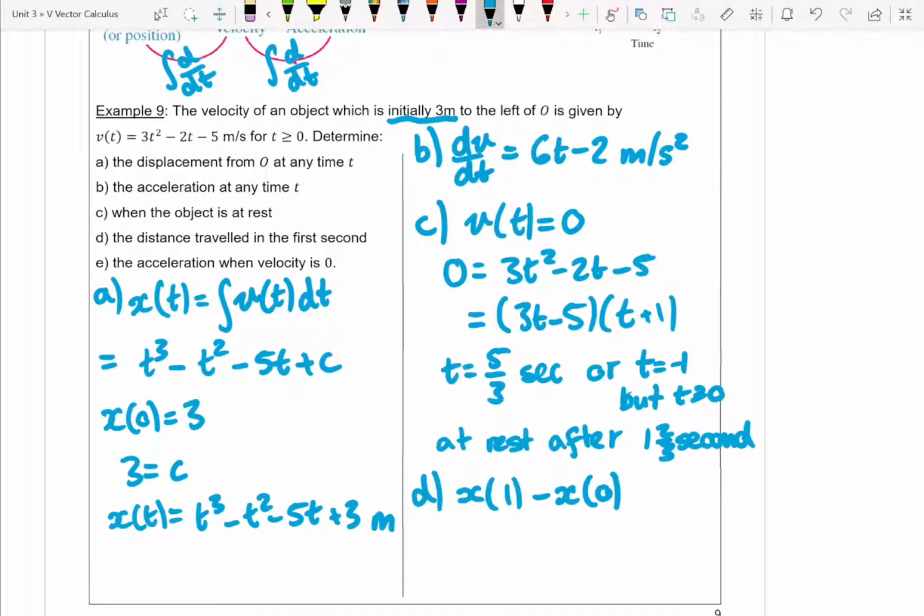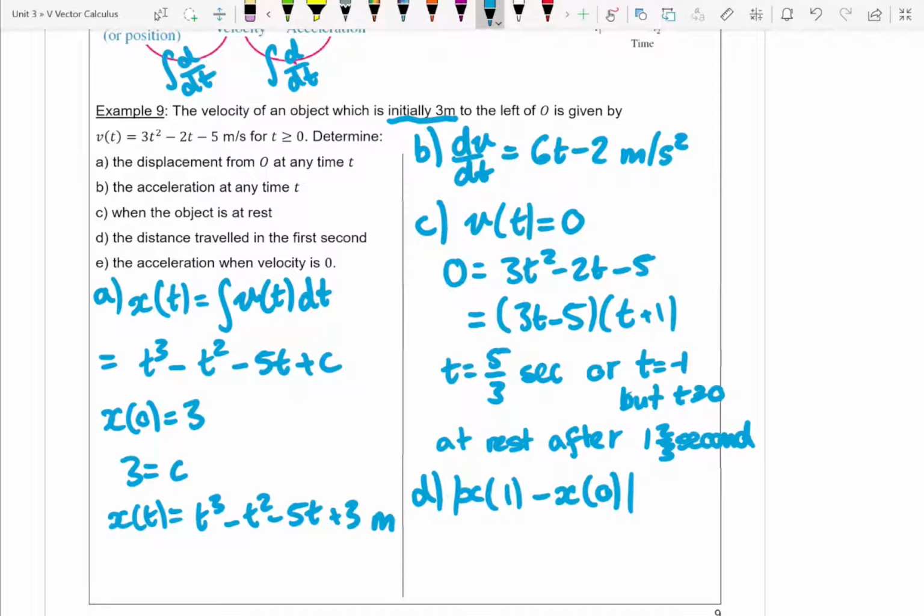We also want to check what direction is the velocity moving. So if we were to substitute in 0 to our value of v, we can see that it's got -5 meters per second. So we have that it's moving to the left.